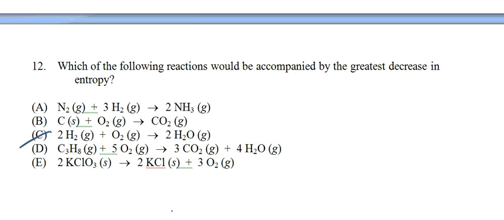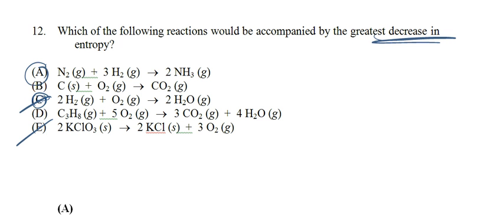Oh, I'm sorry. Yeah, so greatest decrease in entropy. My bad. I'm spacing out here. So, yeah. Actually, C is actually still an option. But the best option is A, because we go from 4 to 2. Wow, that was really not good. Again, read the questions carefully.